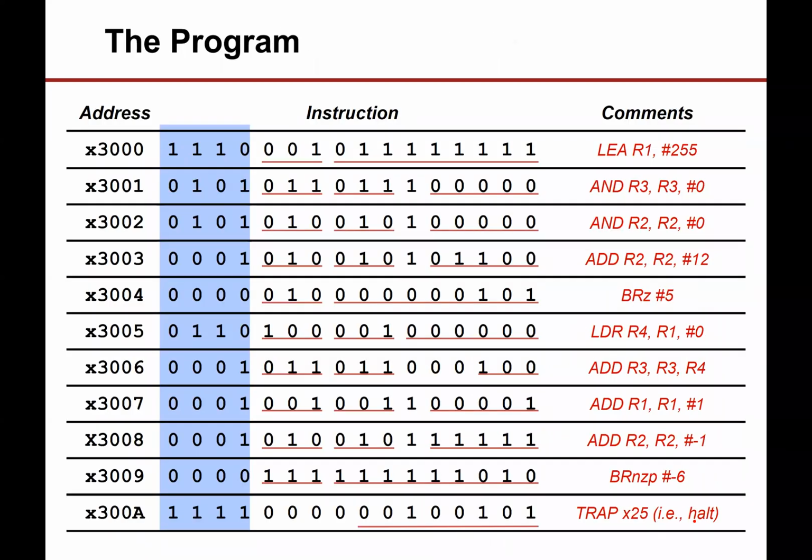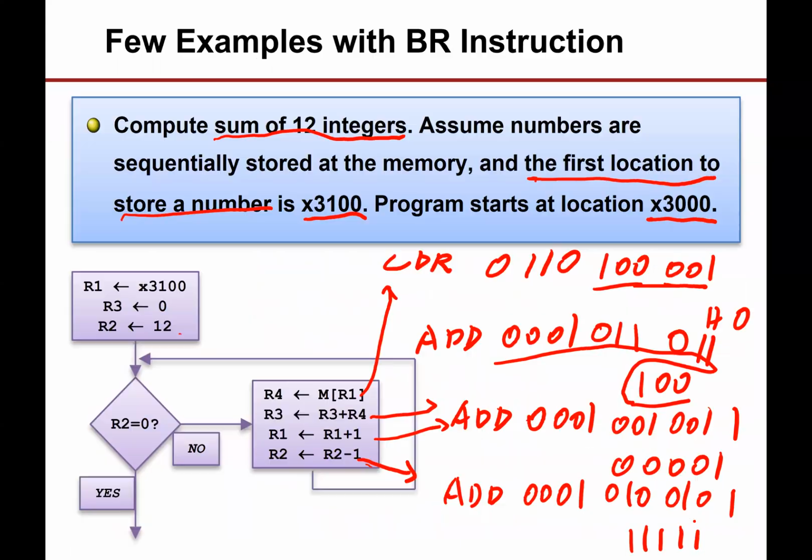So you can see the program here. After you finish the functions here, you need to go back to the condition block to check whether R2 is 0 or not, right? This is an unconditional one.